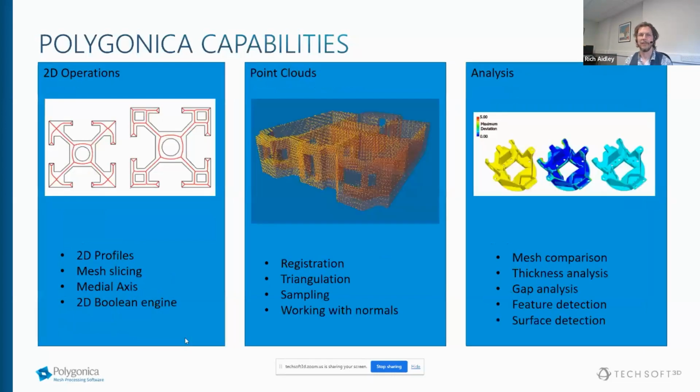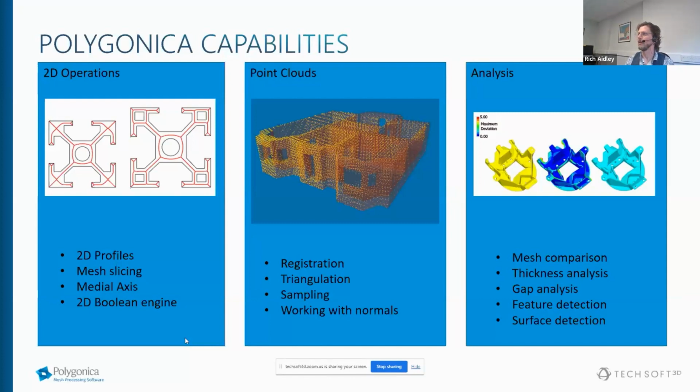We have plenty of 2D capability, which is often overlooked. So this is things like 2D profiles or medial axis. Again, we have a 2D Boolean engine of a similar level of complexity to our 3D Boolean engine. We can do a lot with point clouds. This was typically scan data or LiDAR information, which is much the same thing. So we can register point clouds, we can triangulate them so we can turn them back into solid objects, and so on.